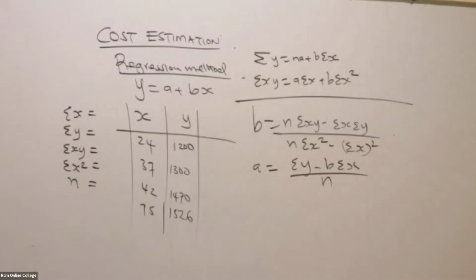Then Y we have 1200, 1300, 1470, and of course we have 1526. Good. So let me just share my screen with you.